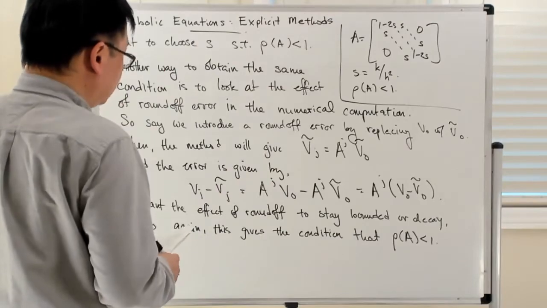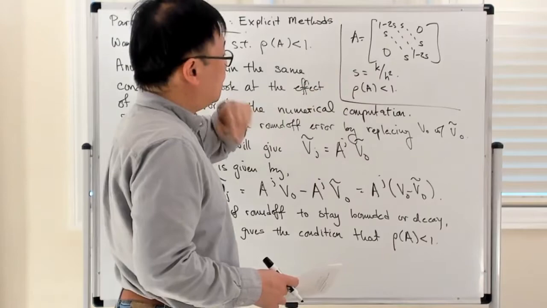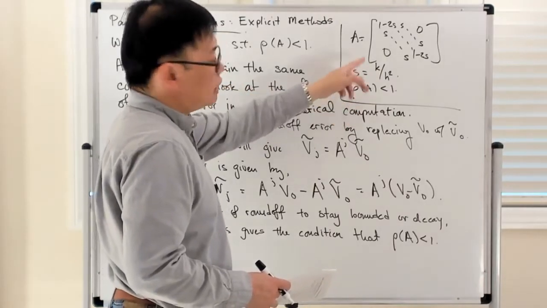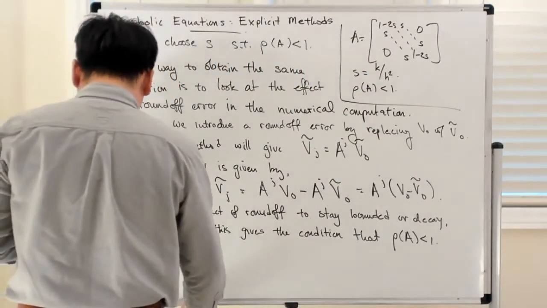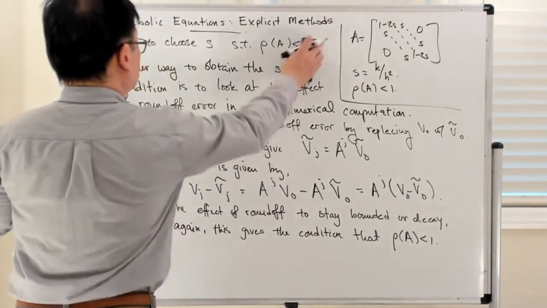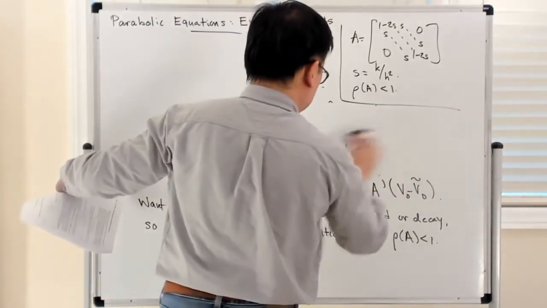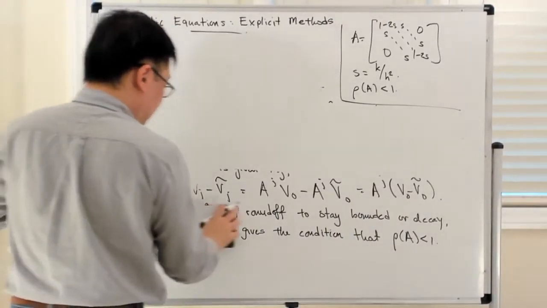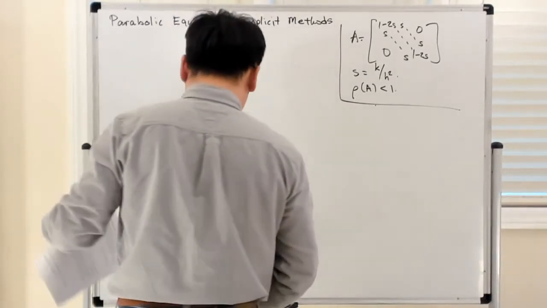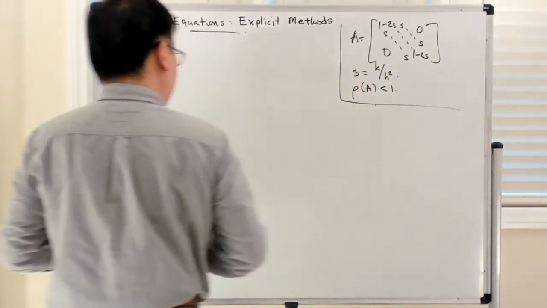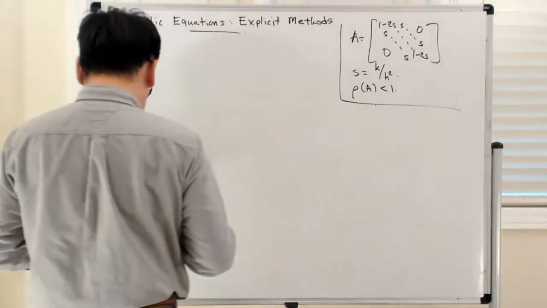So let's now try to determine the condition on this. In order to get the spectral radius of this matrix, you have to determine the eigenvalues. Let's see what happens. I will state without proof what the eigenvalues are, and from that we can determine what the spectral radius is and what conditions on K and H need to be satisfied in order for the method to be stable.